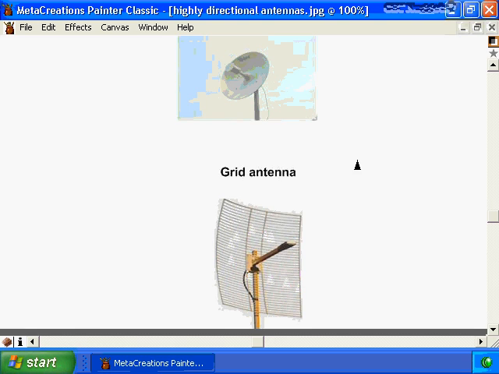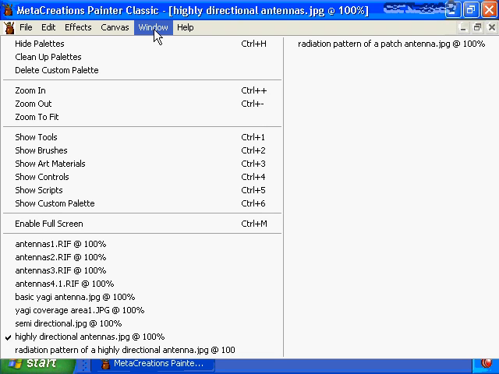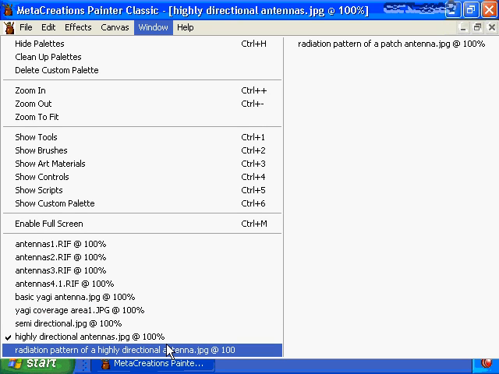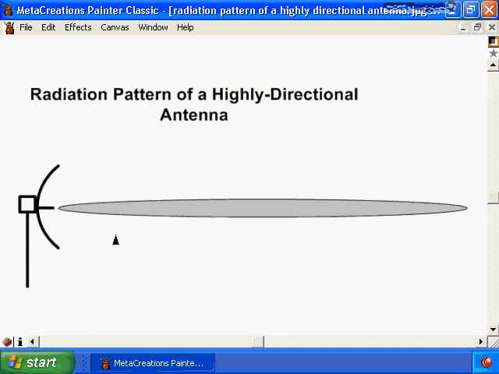And let's bring up another whiteboard to take a look at the radiation pattern of a highly directional antenna so we can compare and contrast that to our previous two antenna categories. So we can see here, right off the bat, this is a very concentrated, very narrow beam width.